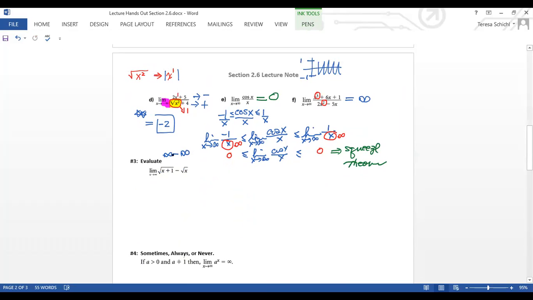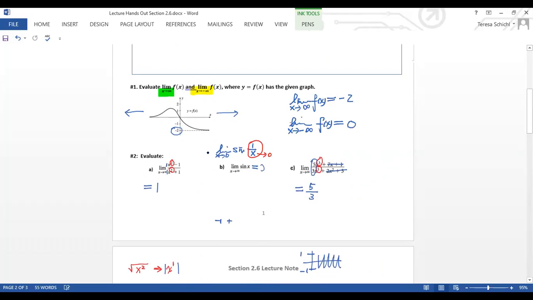So I know the infinity minus infinity is indeterminate. I don't know, right? We cannot say this is equal to 0, right? We don't know, right?